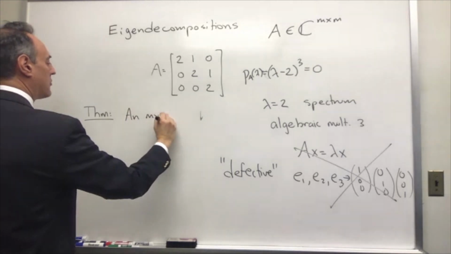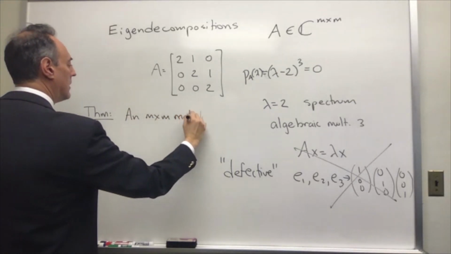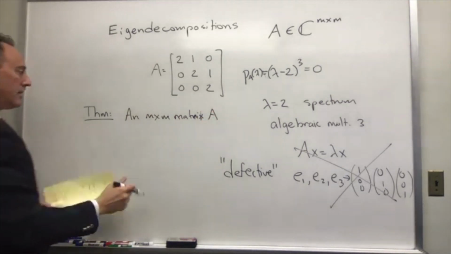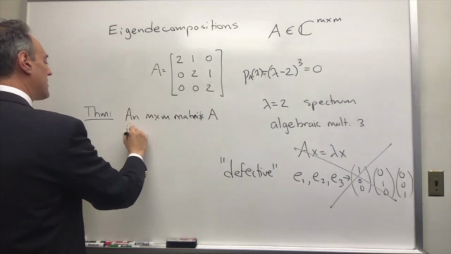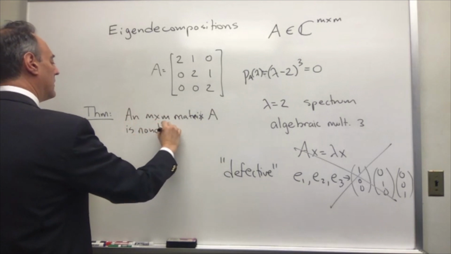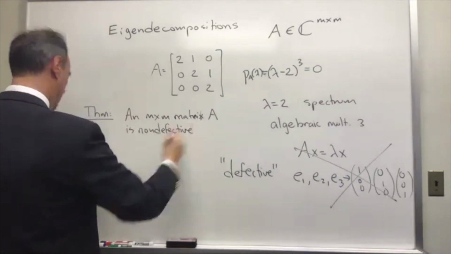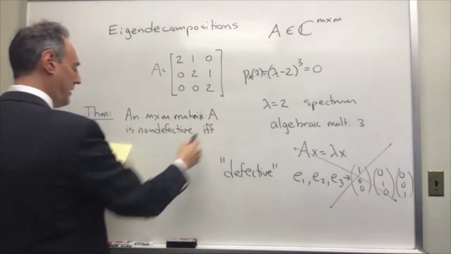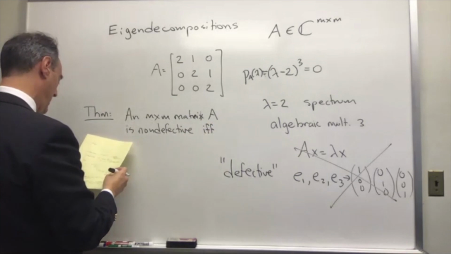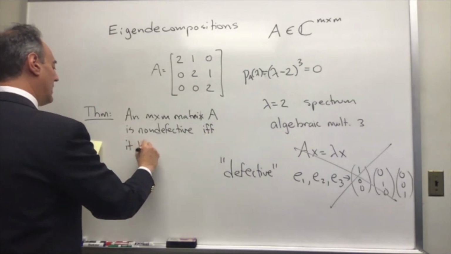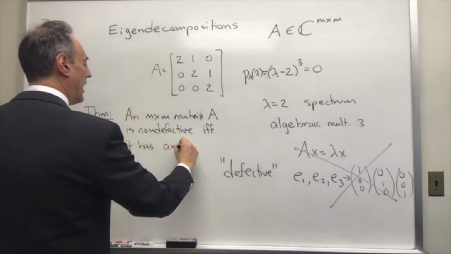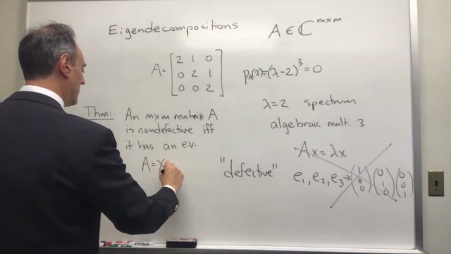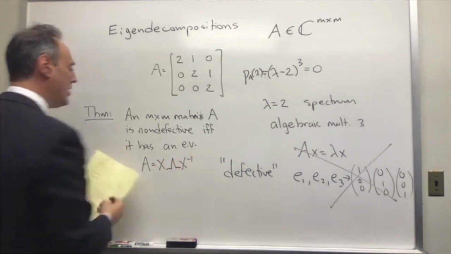An m by m matrix A is non-defective if and only if, that's the "if" with 2 f's, if and only if it has an eigenvalue decomposition A is equal to... So that's your theorem.